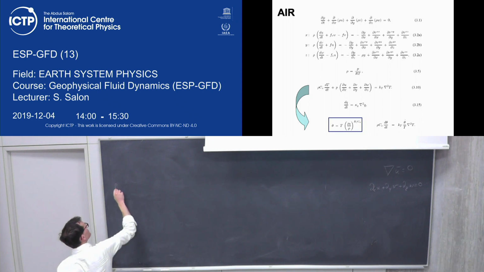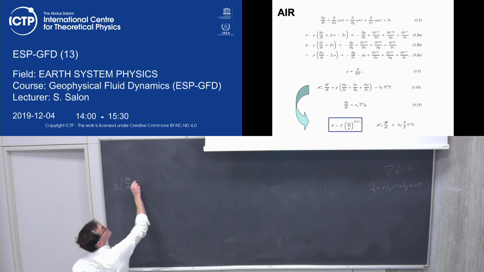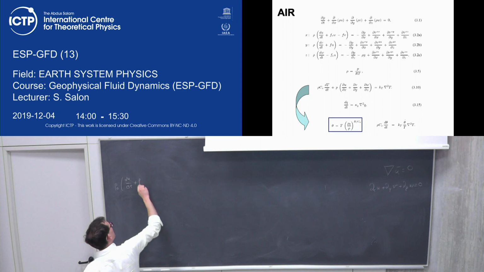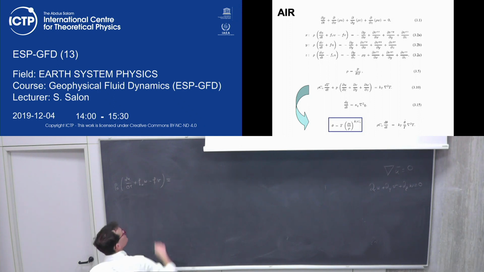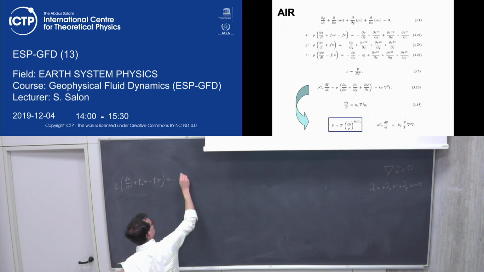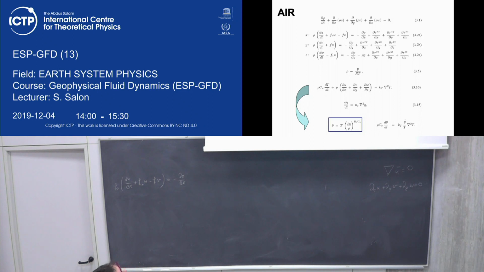So we said rho 0 times du dt plus f star w minus f v, which is equal to minus dp dx, plus the stress terms tau xx, tau xy, tau xz.